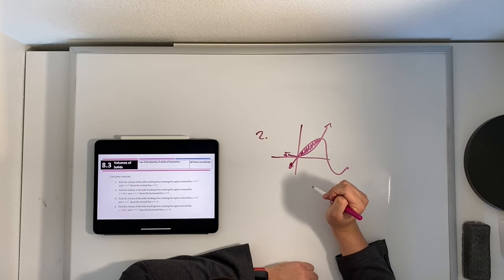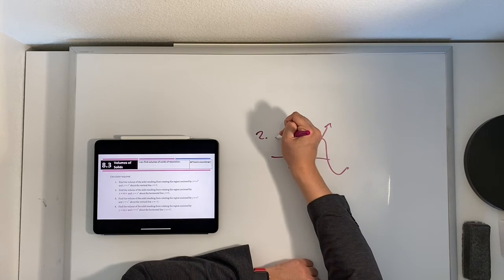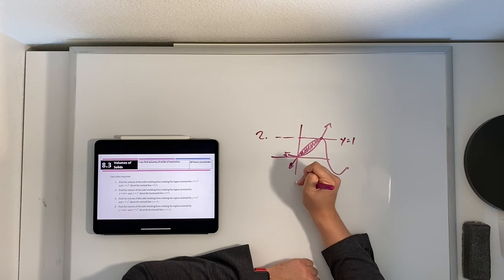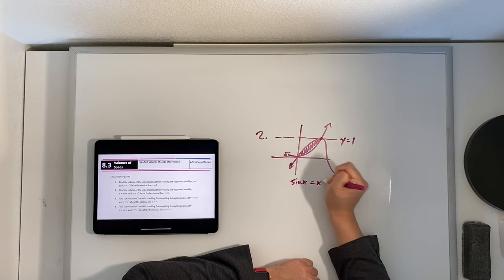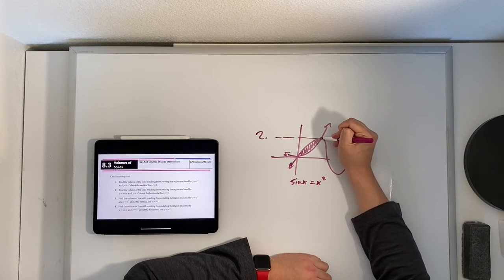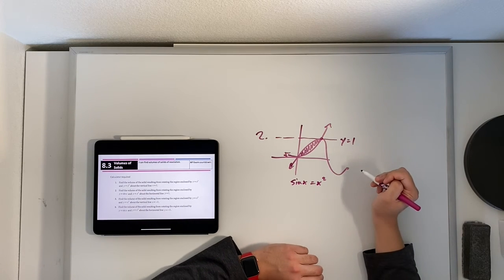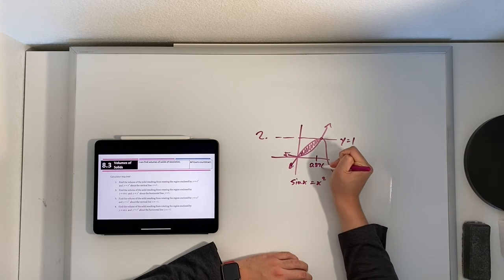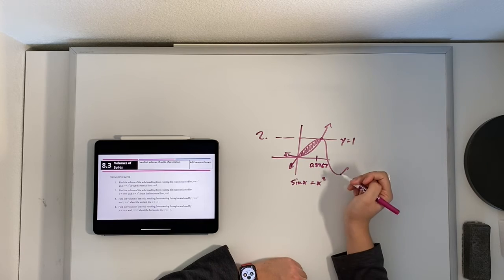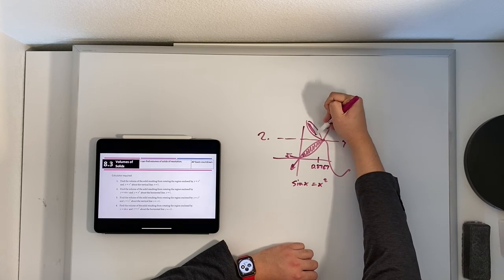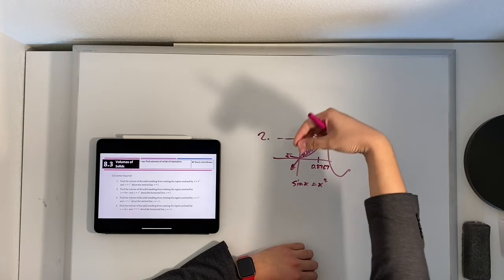And we're revolving this around the horizontal line y equals 1. This point of intersection, where does sine of x equal x squared? Again, use a calculator, some solving function, and they do actually intersect at 0.8767. So we are revolving this around this horizontal line coming up out of the board and around.